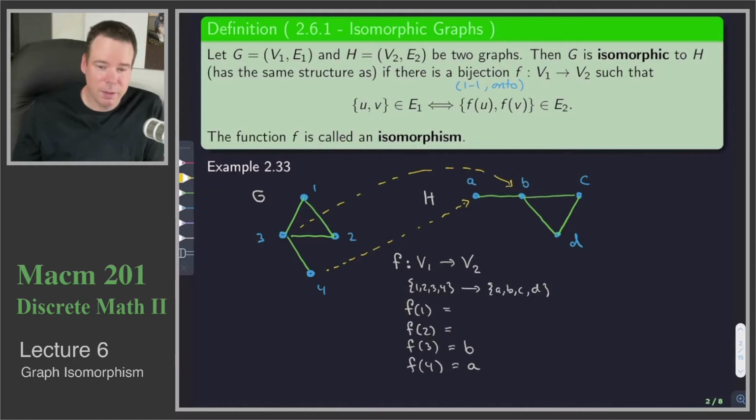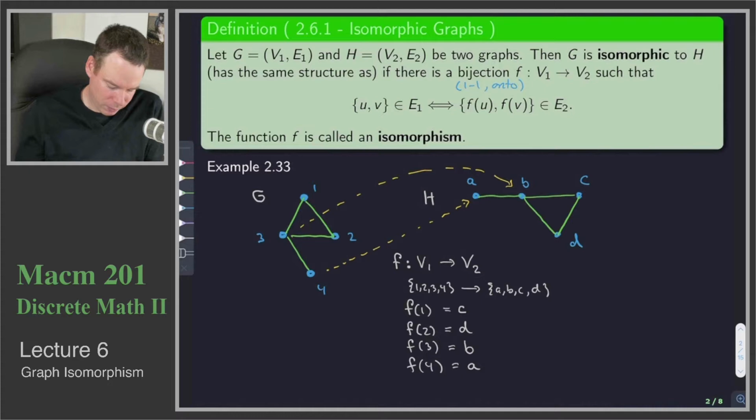They just form that other part of the triangle, and so they can get mapped to C and D in either way. So I could say 1 goes to C, 2 goes to D, and I have the property that for any edge in one of the graphs, the corresponding vertices make an edge in the other graph. So for example, if I look at 1, 3, under the mapping, 1 goes to C, 3 goes to B, and that corresponds to this CB edge.